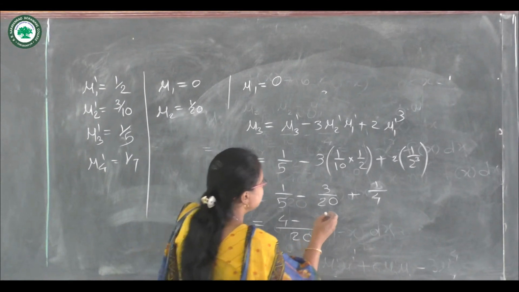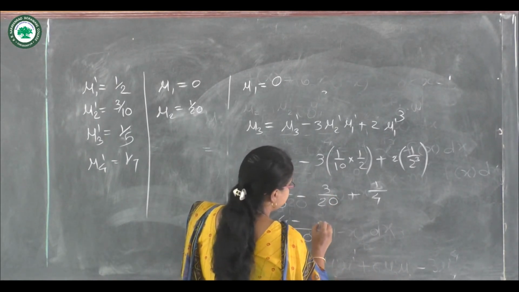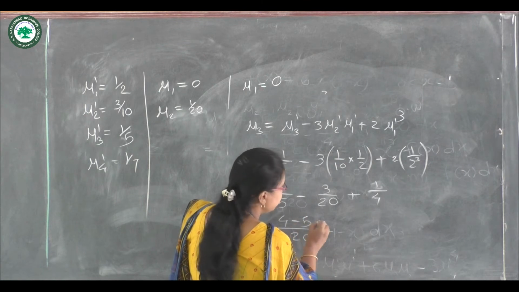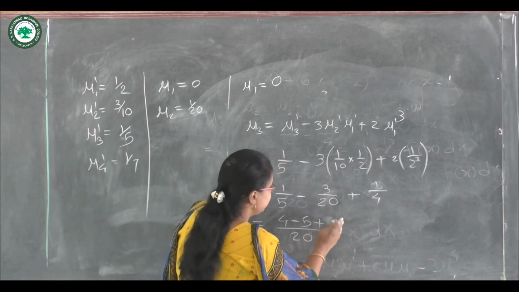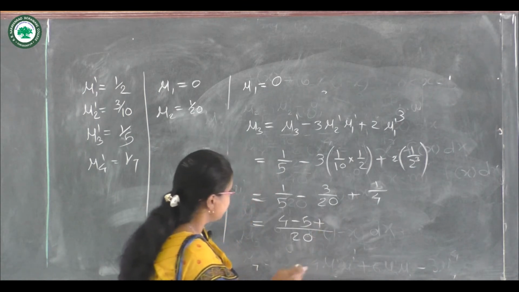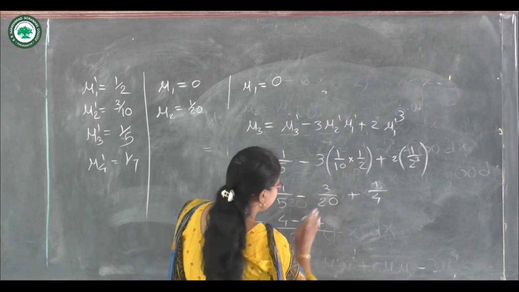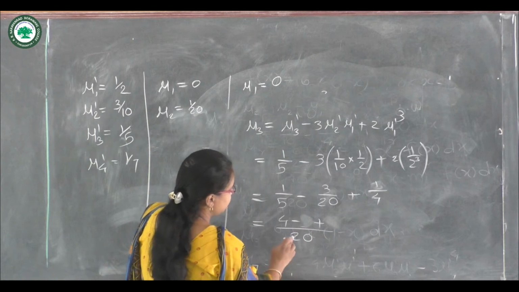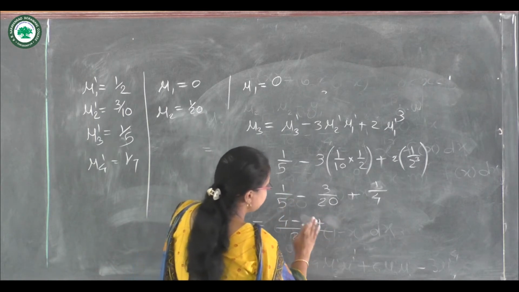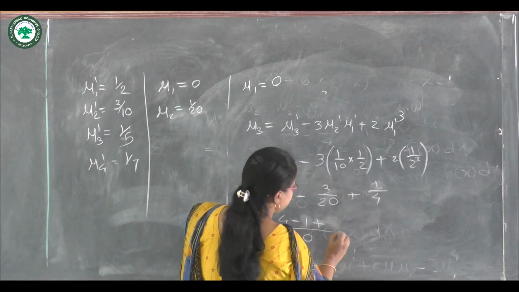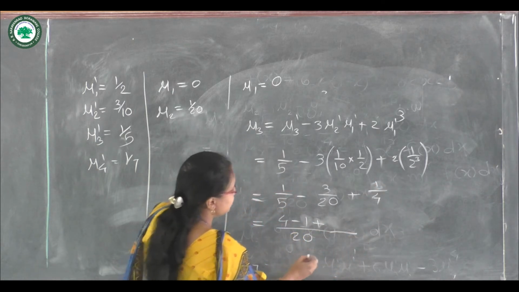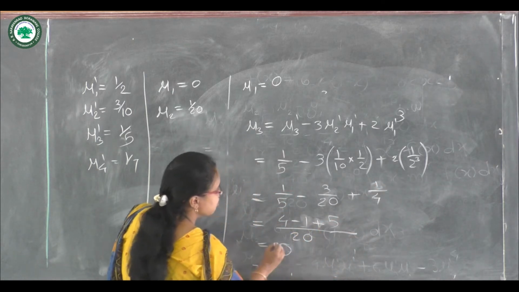So it is 5 plus 4. So in this way we can say that it is 4 times, that's why it is 1, plus it is 5 times, so it is 0.